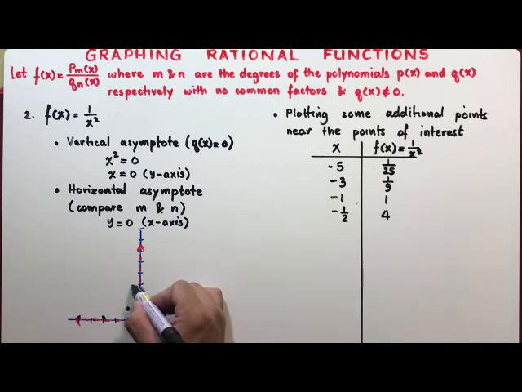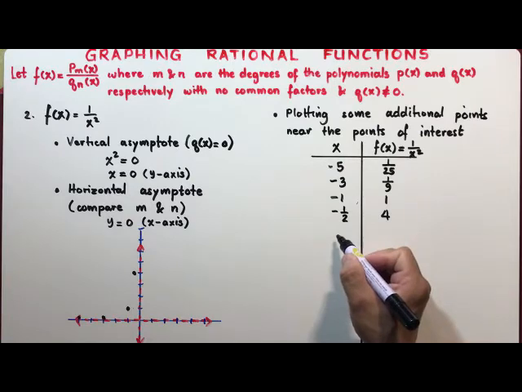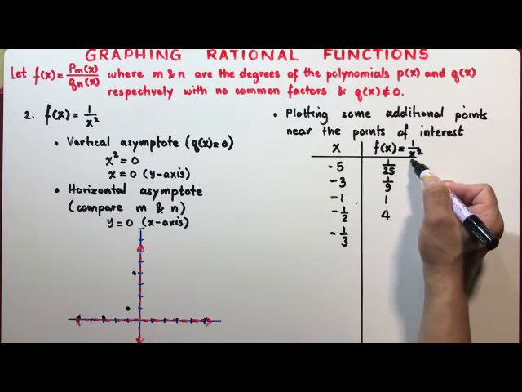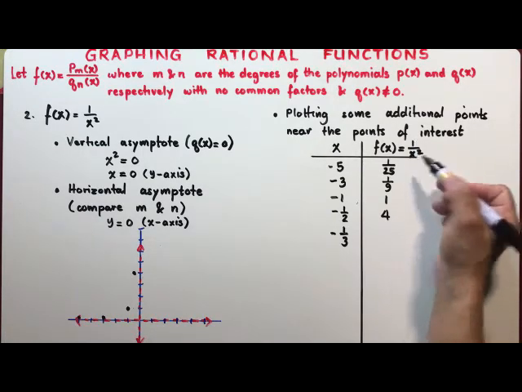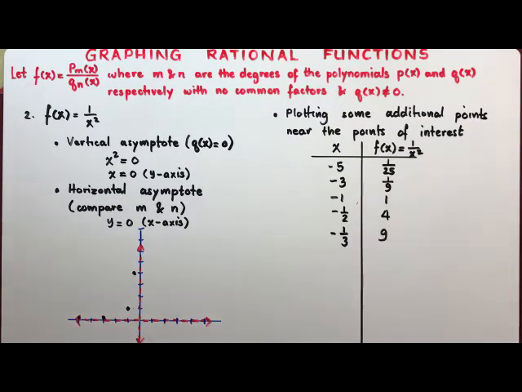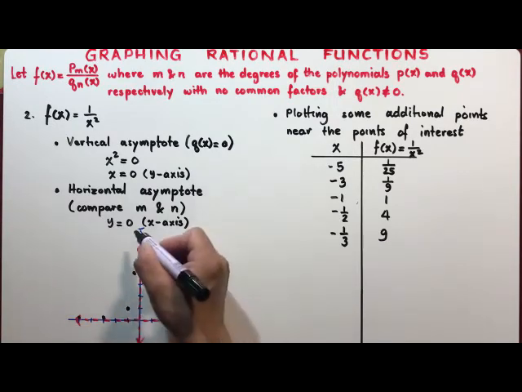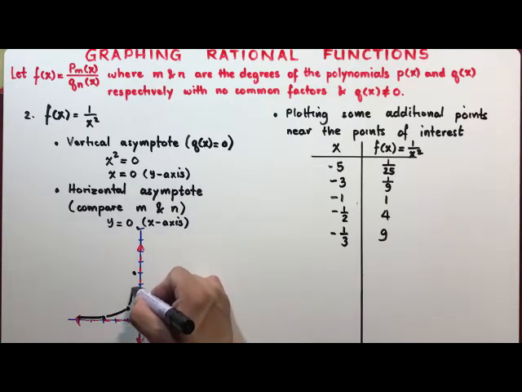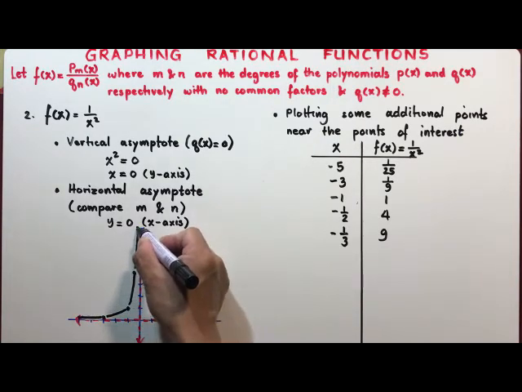And if your x is say negative 1/3, that is 1 divided by negative 1/3 squared, so that is 1 divided by 1 over 9, and 1 divided by 1 over 9 is 9. So at x equals negative 1/3, it's 9. Let's approximate somewhere here. If you connect these points, you notice that you form a smooth curve like this.